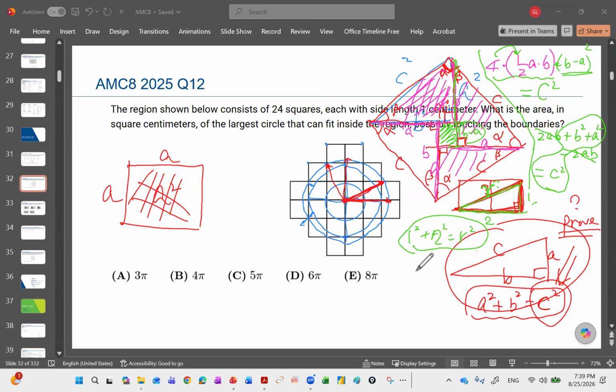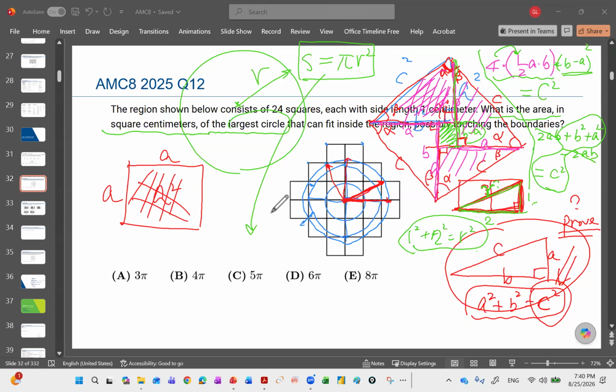Right. So we go back to the question: what is the area, in square centimeters, of the largest circle? We know that for a circle with radius r, what would the area be? What is this circle's area? Pi r squared, right? We use this information.